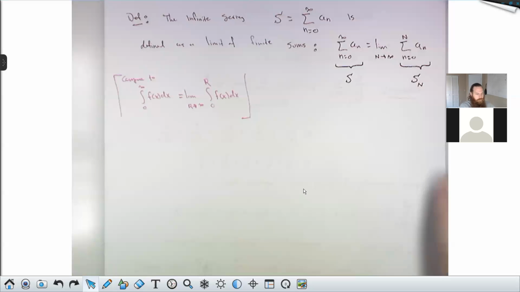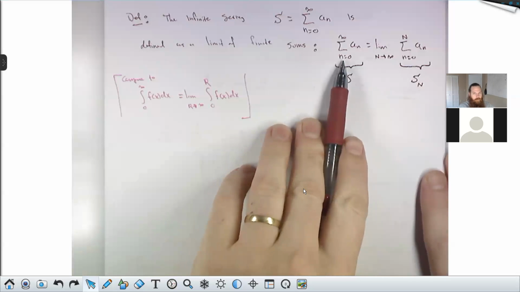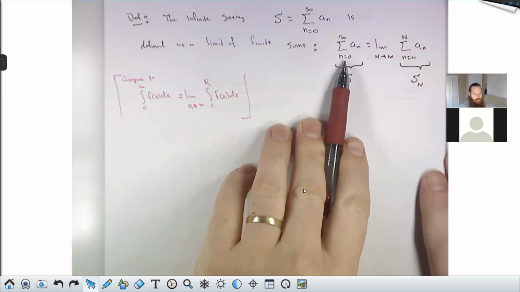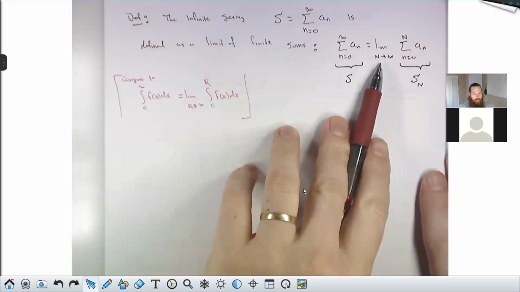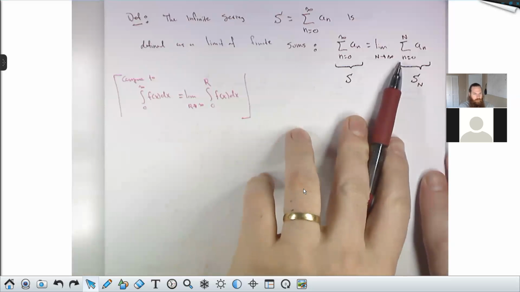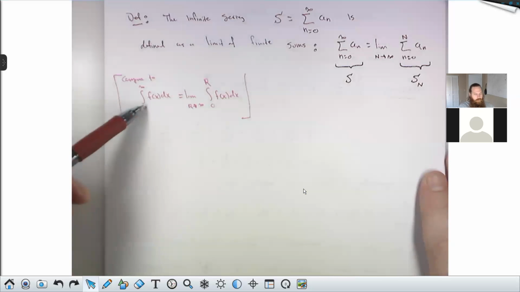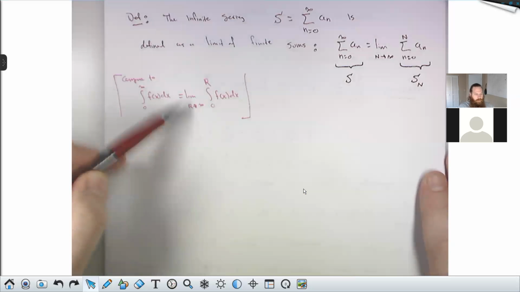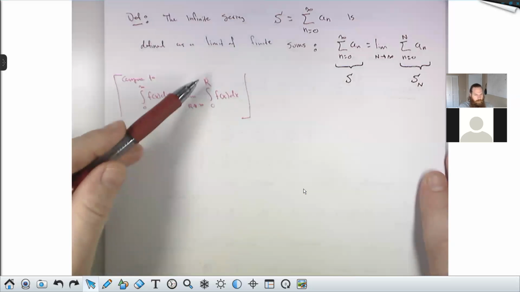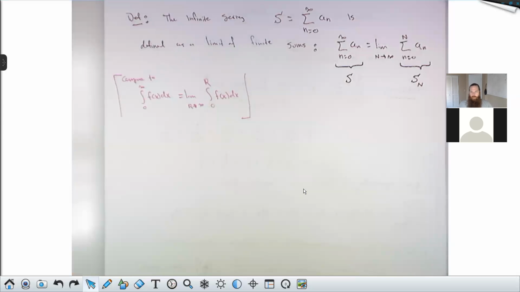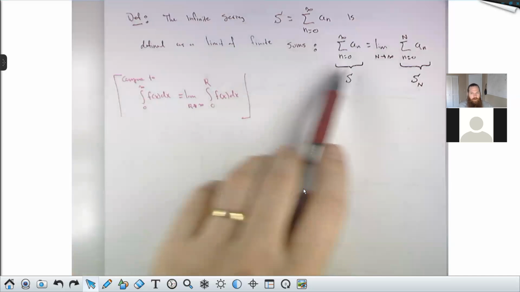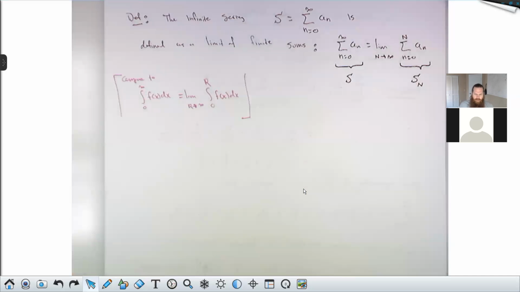The infinite series, sum from 0 to infinity, is the limit as n goes to infinity of the sum from 0 to n. And here you have the integral from 0 to infinity is the limit as r goes to infinity of the integral from 0 to r. Same sort of thing, and for the same sort of reason. Because this infinite series goes on and on and on forever, I can't actually do the addition. It never stops.